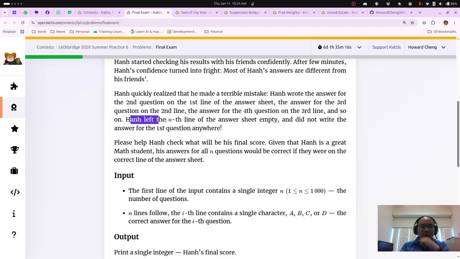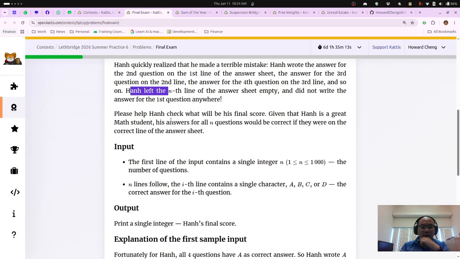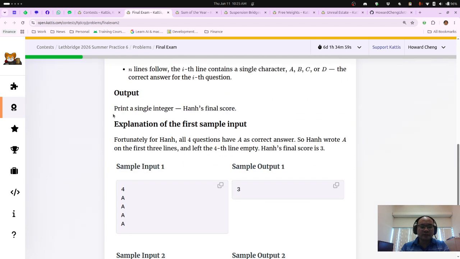And the last, the nth line, is left empty, and you did not write the answer to the first question anywhere. So the question is, what would the score be with this shift, right?